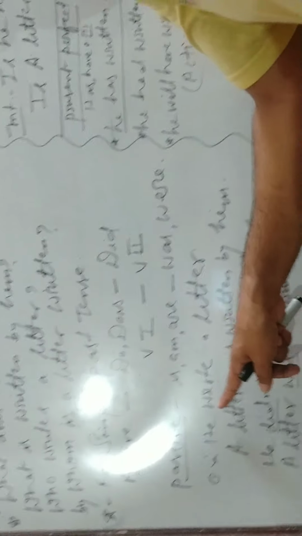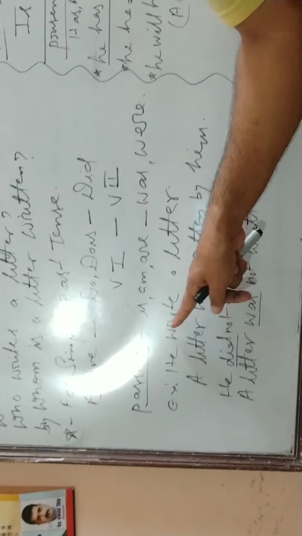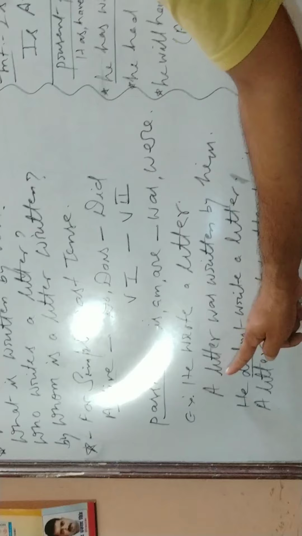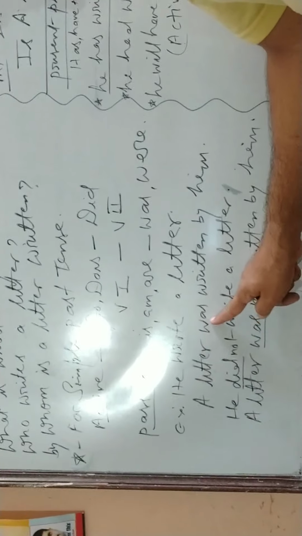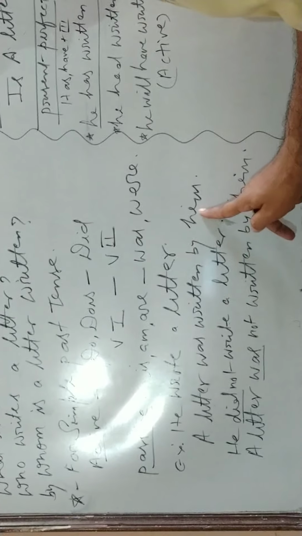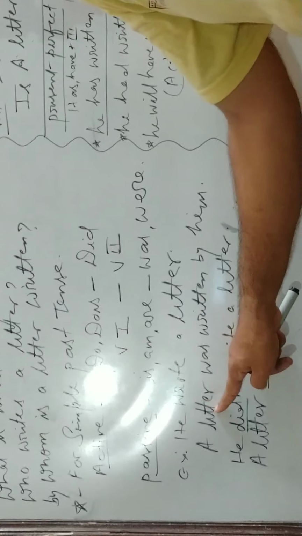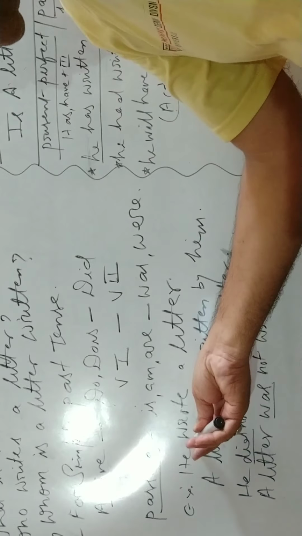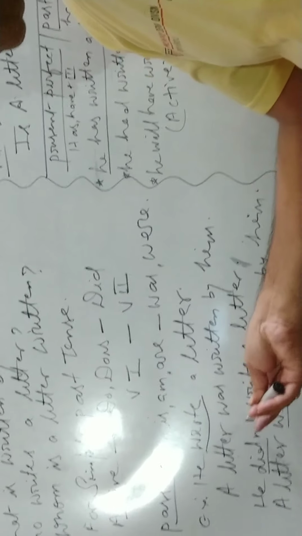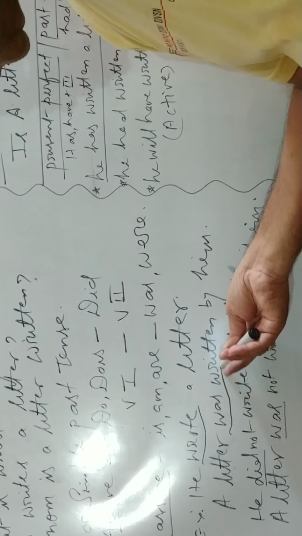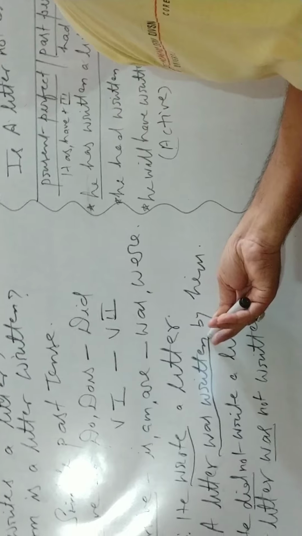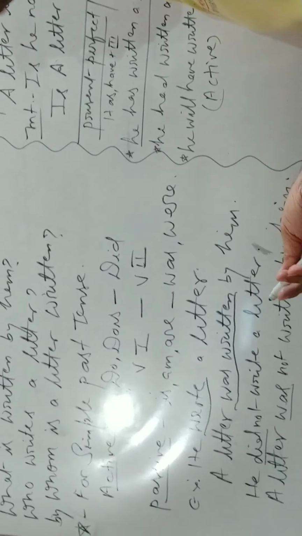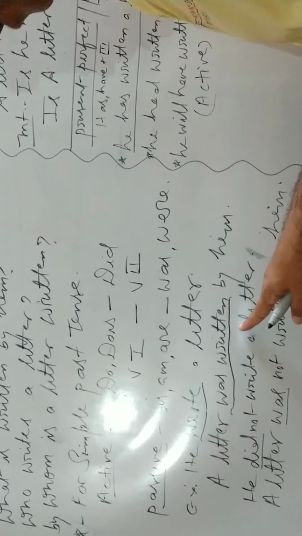It is written he wrote a letter. Then passive voice, a letter was written by him. You have to focus on this part. Like second form is there, then in passive voice we have to use was verb plus third form. In simple past, in passive voice, you have to use was verb plus third form.